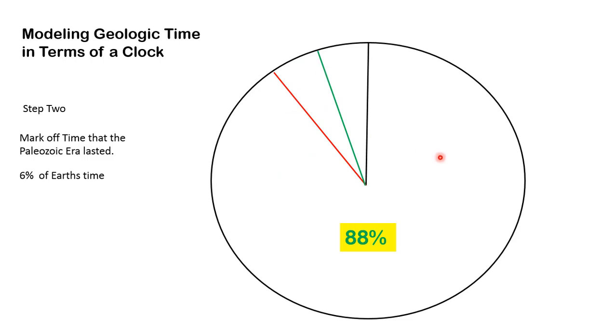This would be all Precambrian, and the Paleozoic would be here. You should probably mark those on your own time scale. I'm not doing that here, so I'm going to allow you to do that. Make sure that you mark this as Precambrian and mark this as Paleozoic. I will let you do the last two on your own, and you'll mark them off in this area here. If you need further help, please see your science teacher, and have a nice day.